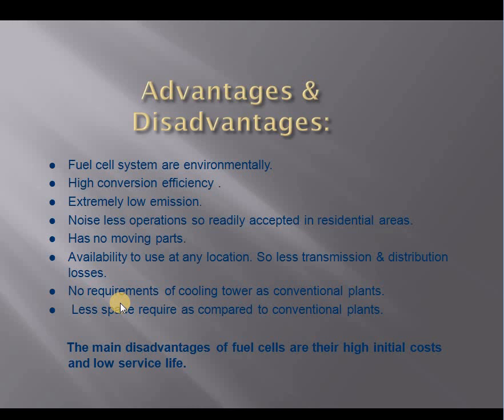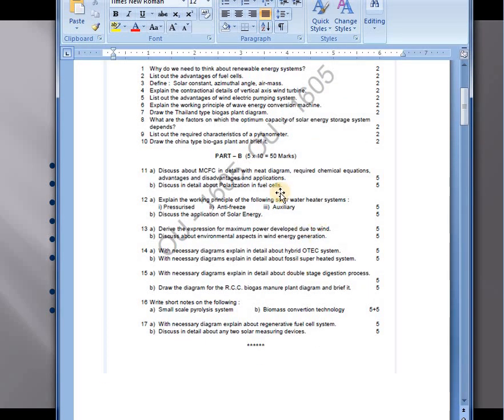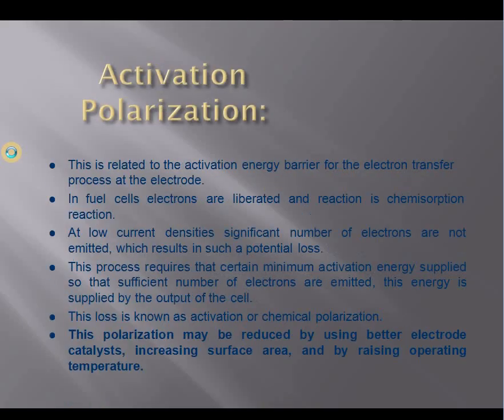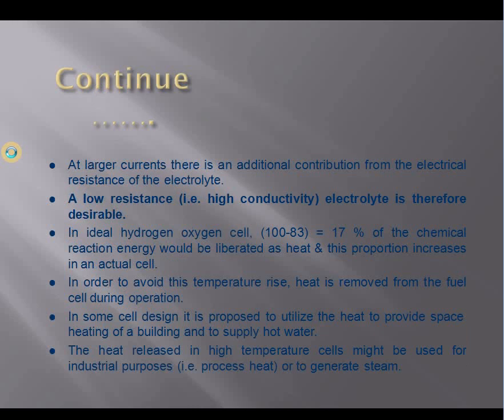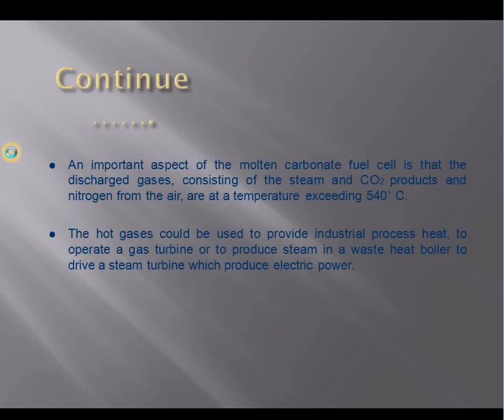The advantages of fuel cells are what we have just discussed: they are environmentally friendly, conversion efficiency is high, emission is low, and availability of location is good. There need not be any restriction on location, and for transmission and distribution, you can install a plant wherever you need it to be present.